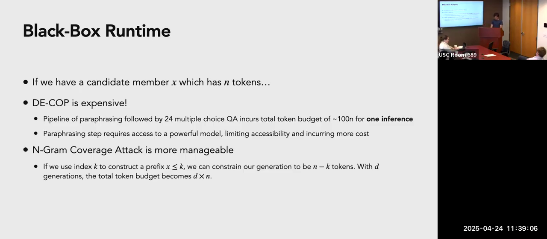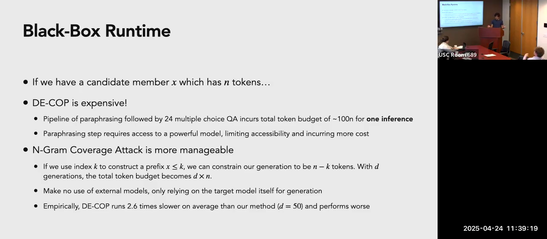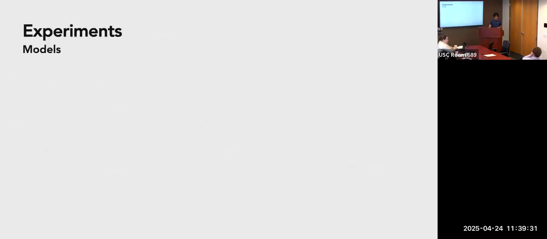So then our total token budget becomes D times N. As long as our D is a reasonable size, it's going to be more computationally efficient. We also empirically tested this out. And besides these theoretical numbers, DE-COP is also running a lot slower than our method. I think the last 2 words are the ones that would be the most justifying to me.